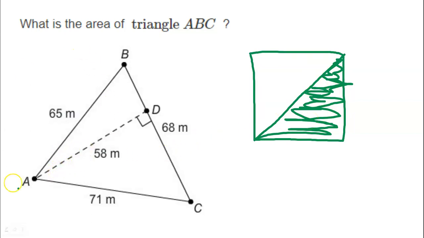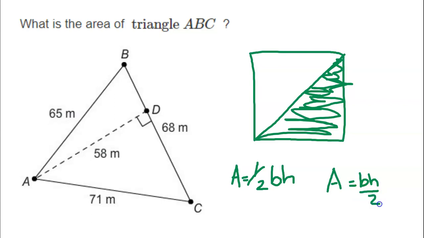Same thing is true with our triangle. So our formula is going to be area is equal to half base times height. Or a very simple way to put it is that area is equal to base times height and then divided by 2. Same idea.